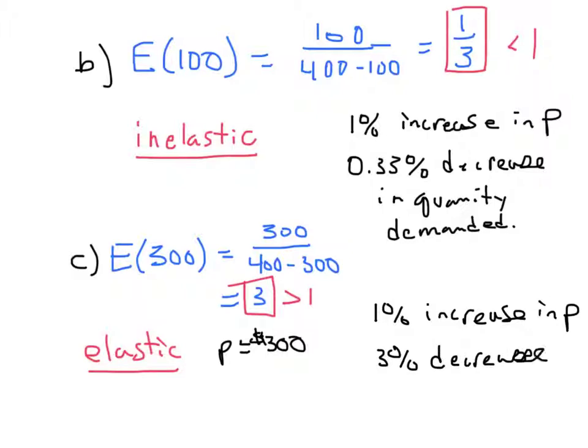Oh, this handwriting's horrible. I'm going to write it in notation. If you increase the price by about 1%, you're going to decrease the quantity demanded by about 3%. That's how you'd interpret that elasticity.